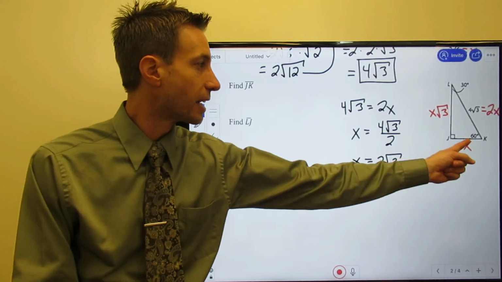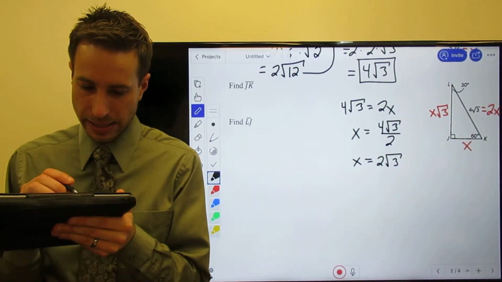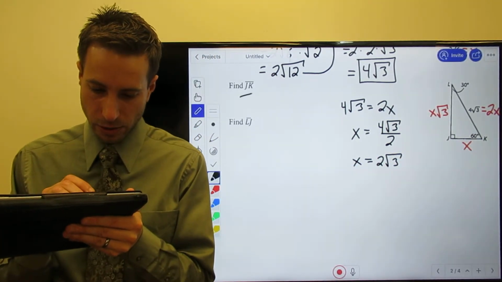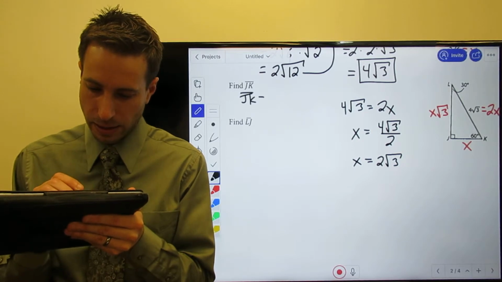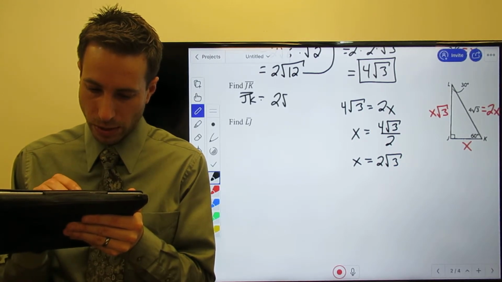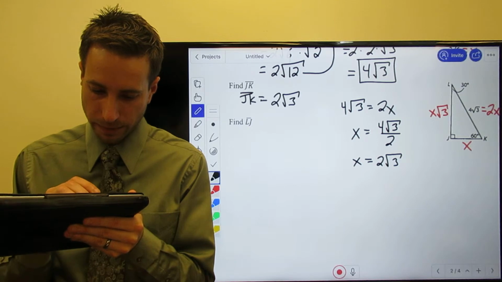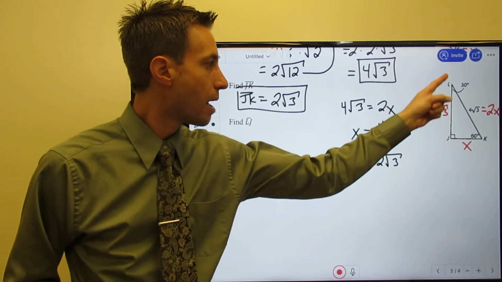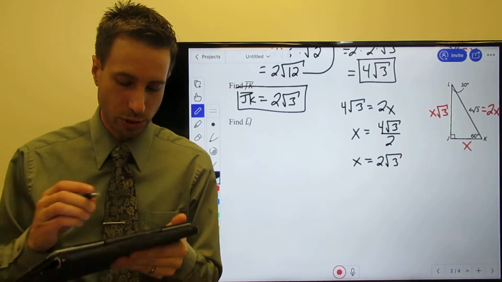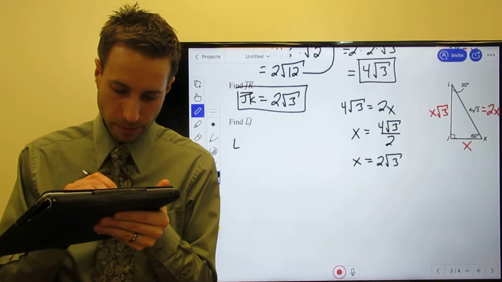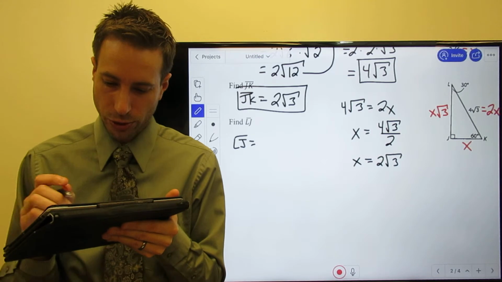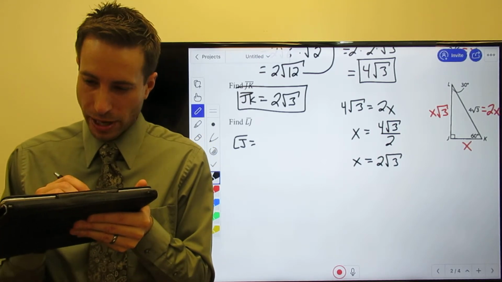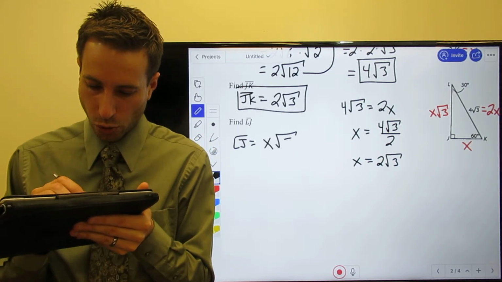Here we go. Find JK. Well, JK is equal to x. So JK is equal to 2 square roots of 3. No problem. LJ. LJ is going to be x square roots of 3, so here we go. LJ would be equal to x square root of 3, right?